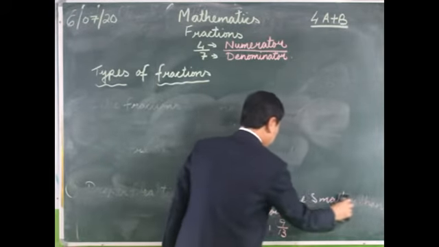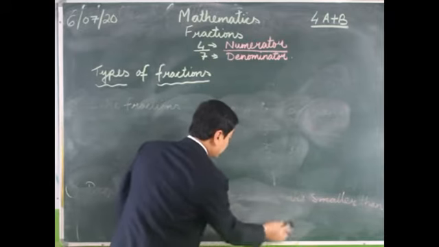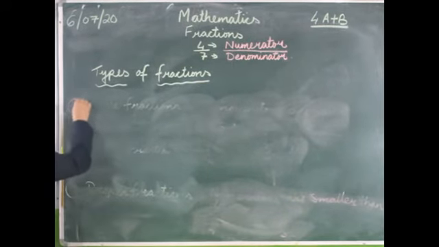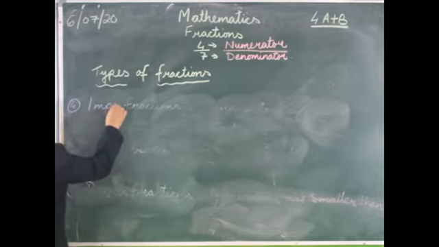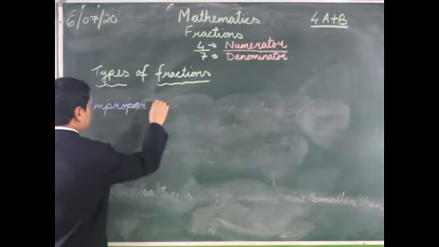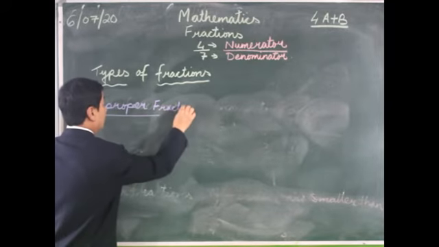And improper is just the opposite of proper fractions. In improper fractions, the numerators are what? Smaller or bigger? Very good, bigger.